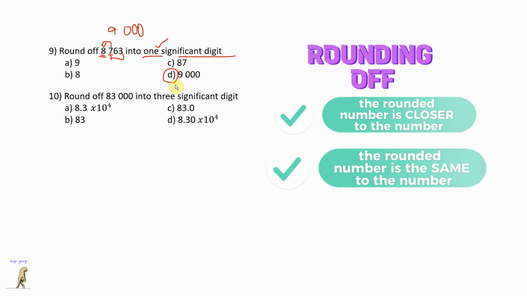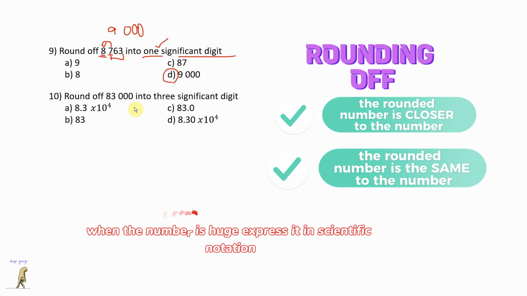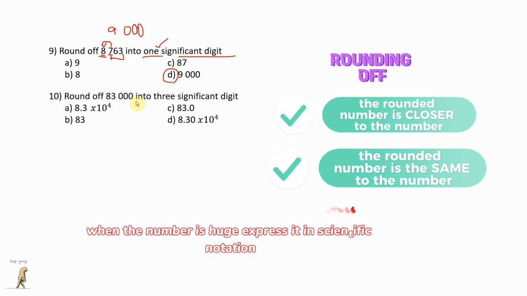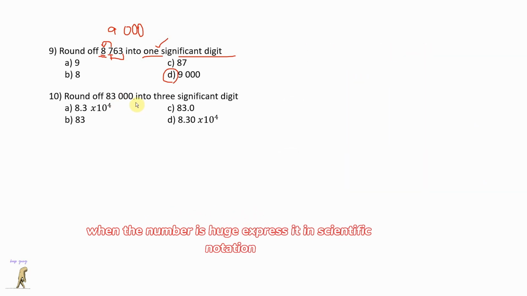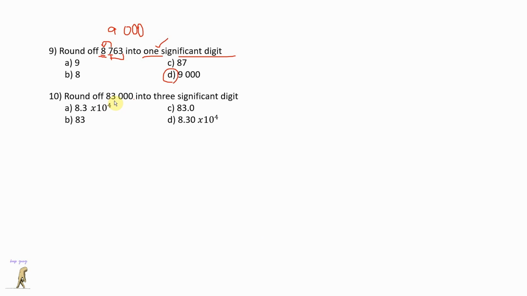So lastly, the last but not the least, of course, when we see this very huge number, what we need to do is convert or express it in scientific notation. How can we do that? First, of course, we need to put a decimal point between the first non-zero digits. Let's do that. 1, 2, 3, 4.